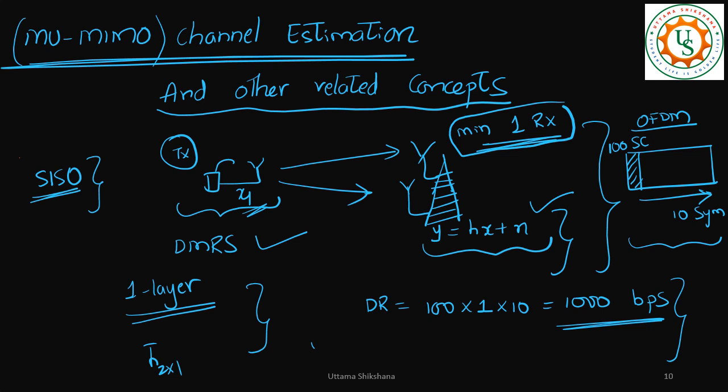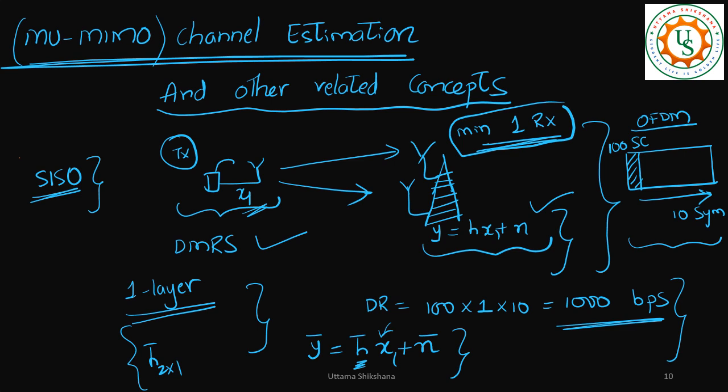So Y bar is equal to H bar X plus noise, since this is X1. Using this X1, if this is a DMRS, then we can get back the channel estimation H bar. There is no problem, we can get it easily. This also comes under the single input multiple output case, right?